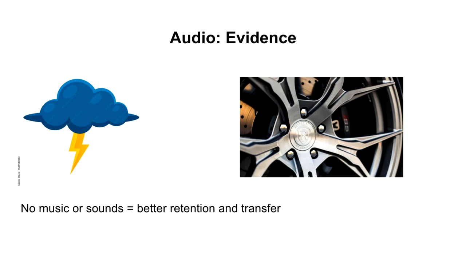Also, when environmental sounds were added in that represented different processes, for example, the sound of a gentle wind in the lightning presentation that depicted air moving from the ocean to the land, students who received the presentation without sounds performed better on retention and transfer than the group who received the presentation with sounds. To summarize, for the groups of students that have background music or sounds in their presentations, retention and transfer was much worse than when students received neither.